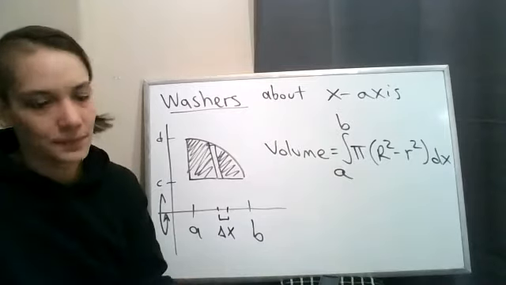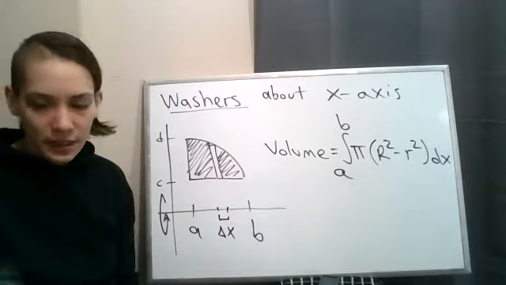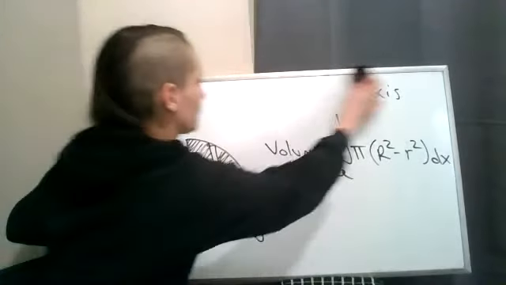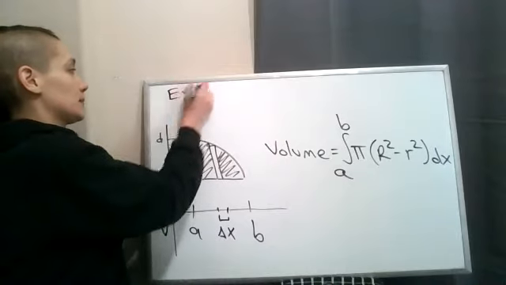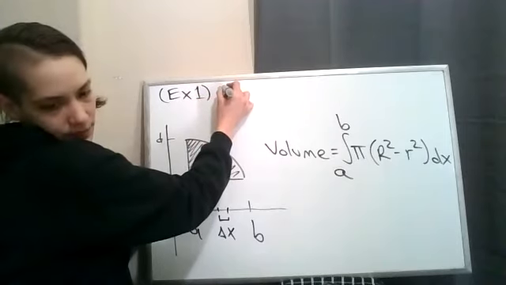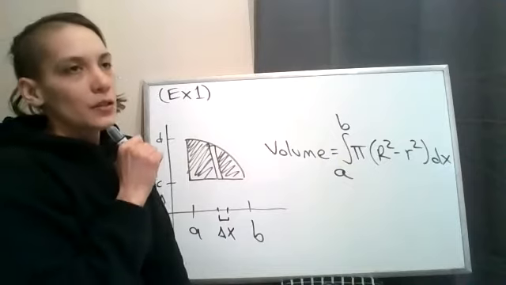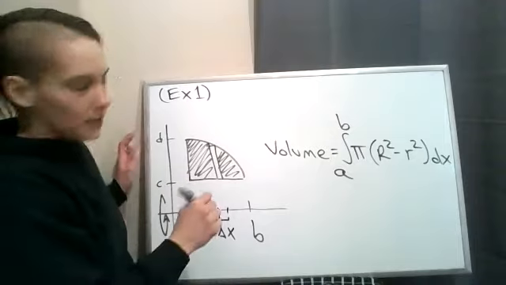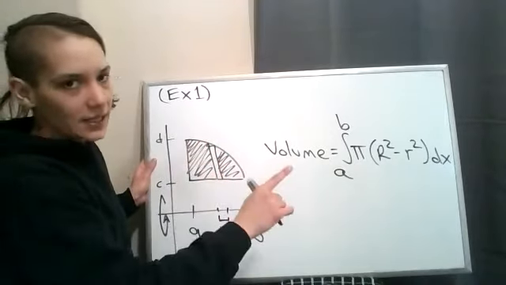Okay, so we're going to do examples for discs first. So it would be find the volume of the solid obtained by rotating. We're going to skip the rest of the sentence and put about the x-axis.